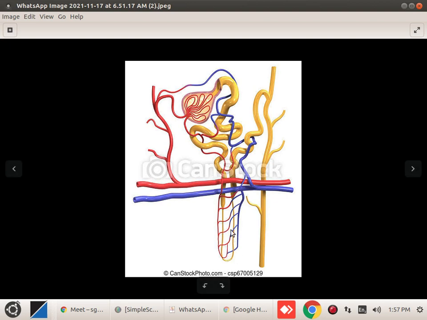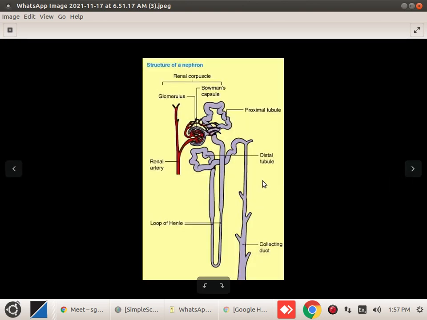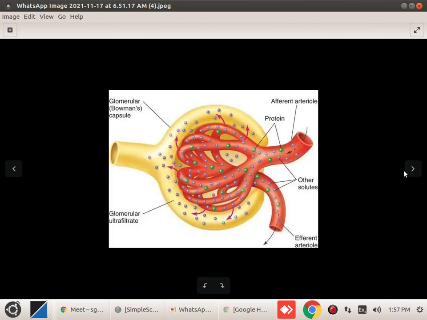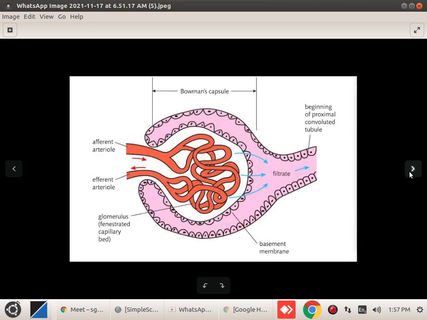Then DCT, the distal convoluted tubule, then the collecting duct, and then the last one over here, the duct of Bellini. This is the same structure with labeling. So proceed further. This is again the same structure, with more points given here and more of the picture.